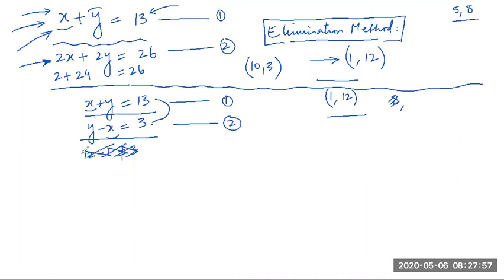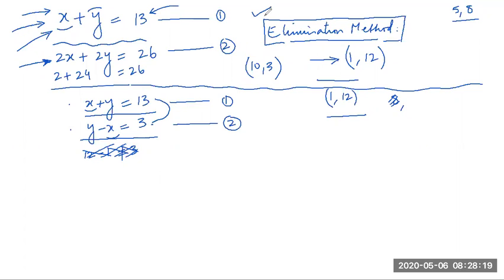So what is the step you will directly write? Whether you will add the two equations or subtract them? Subtract. Now, girls, can we add these equations to get the solution by the elimination method?